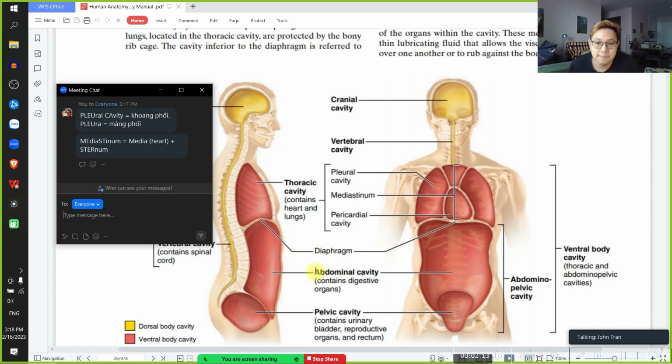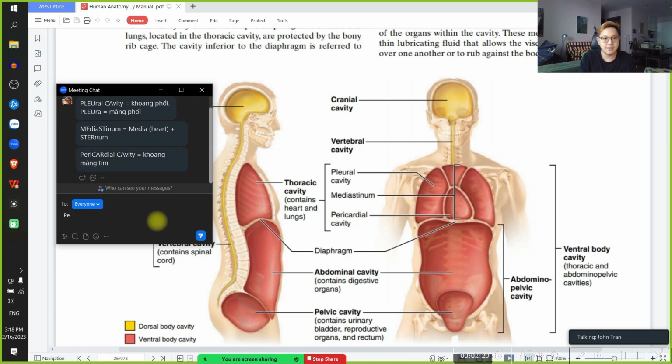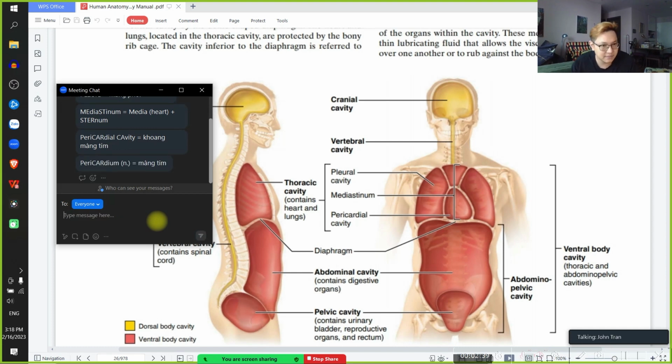Okay, and then we have pericardial cavity. Cái khoang này nó gọi là cái khoang gì? So pericardial cavity, khoang màng tim. Because the pericardium, it's basically the membrane that surrounds the heart. Cái lớp màng bao xung quanh cái tim nó gọi là pericardium, màng tim.